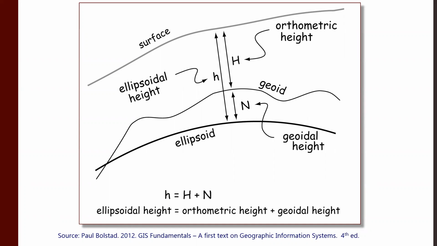And so we can see from this example, if we were to follow the geoid, our center line that says geoid there, at some points we might be above the ellipsoid, the reduced generalized representation of the geoid, and at some points we might be below the ellipsoid.